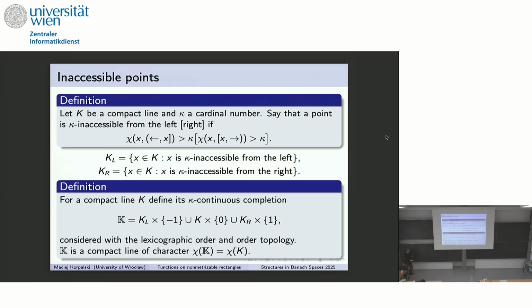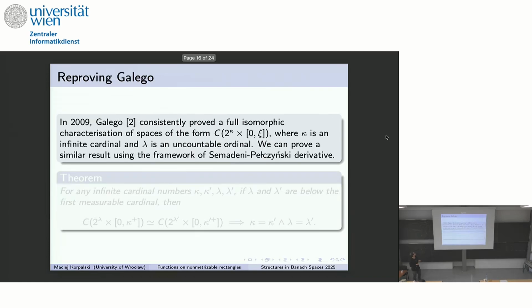Here from the right, so we add a new point here. And here from both sides, so we add 2 points, one from the left, one from the right. That's basically how this construction looks. This is nothing very complicated. It is kind of resembling those separable compact lines that Professor Maciejewski was talking about in the last presentation. Okay, so let's go to the more interesting stuff.